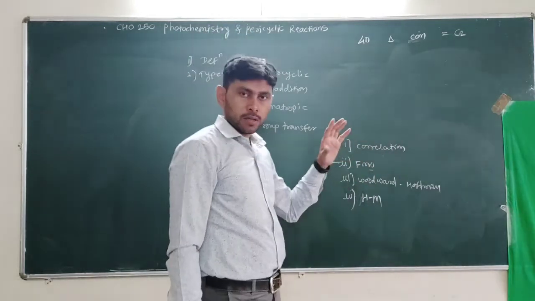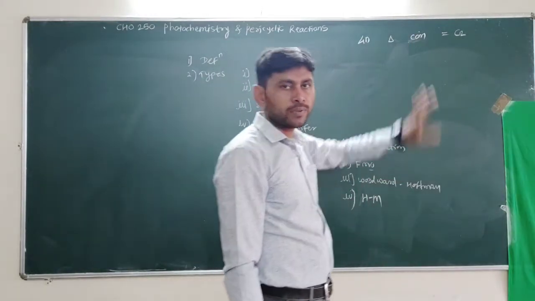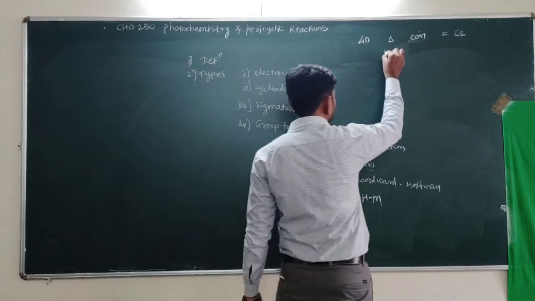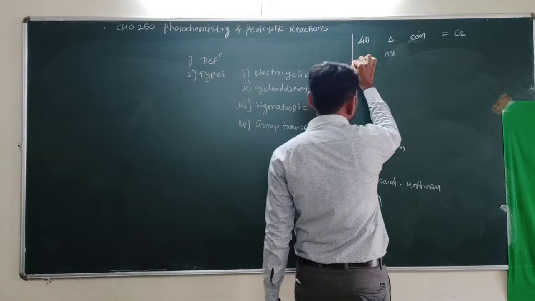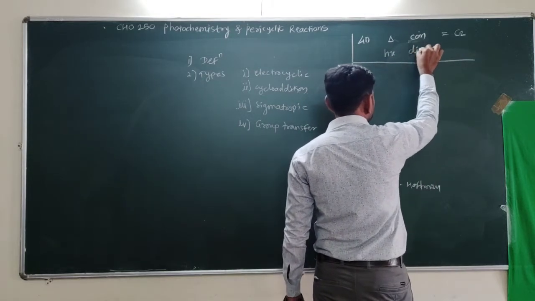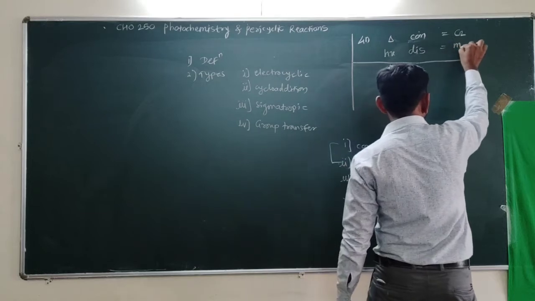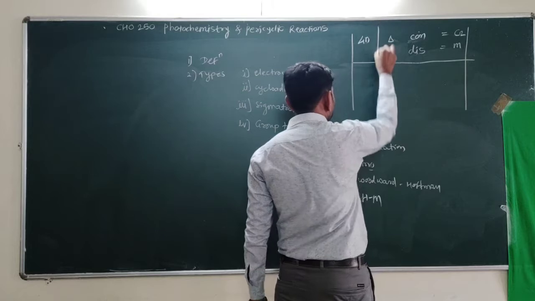In order to obtain bonding overlap, there must be C2 symmetry associated with conrotatory motion. For the same 4n pi electron system, but by photochemical mode of activation, the rotation changes and also the symmetry changes. So this is about the 4n electron system.